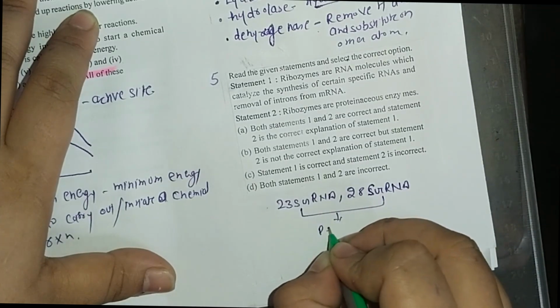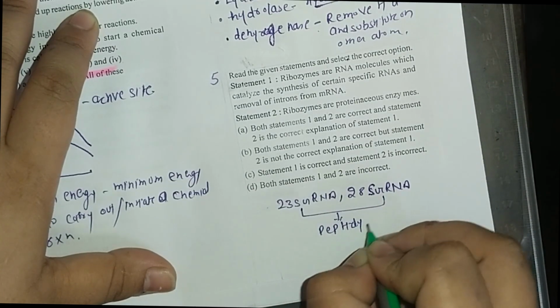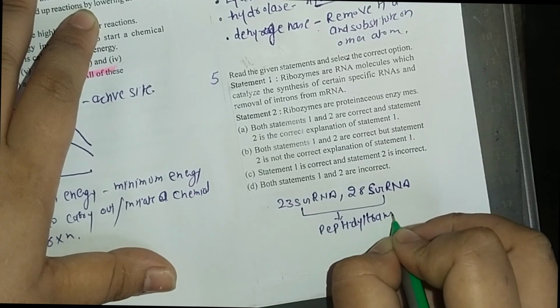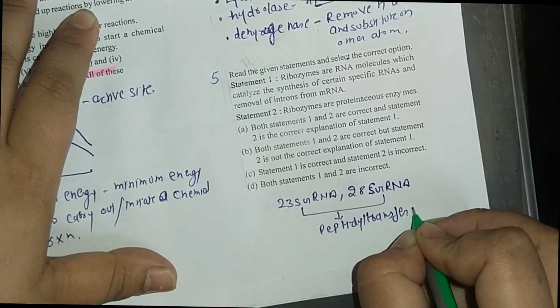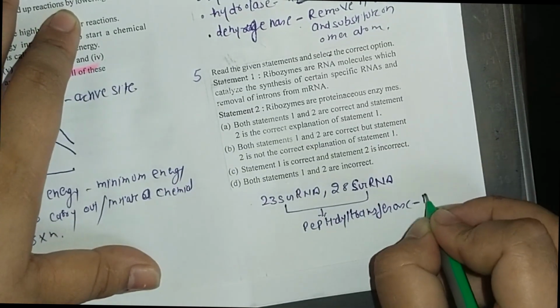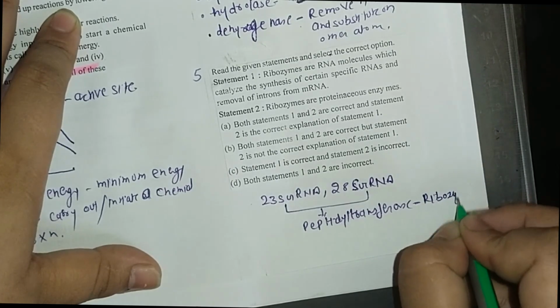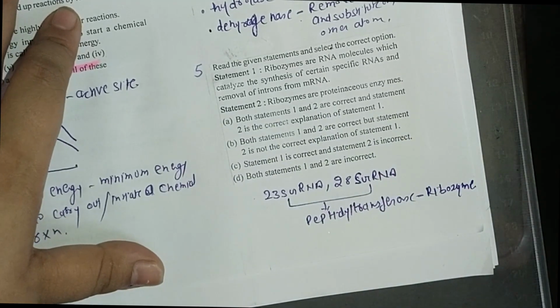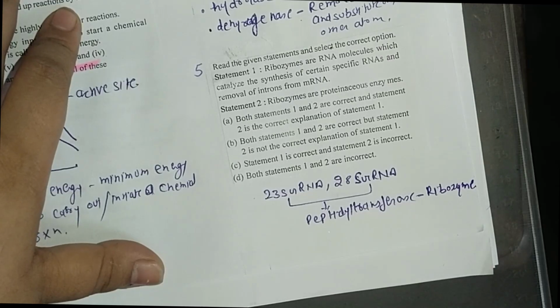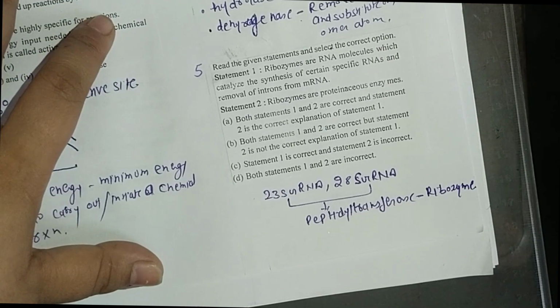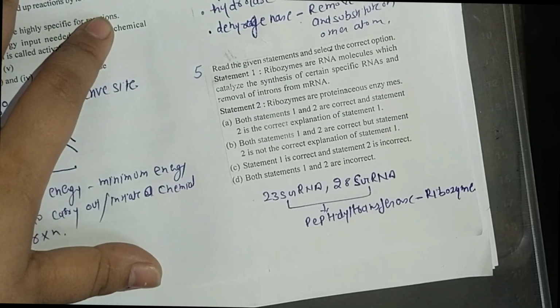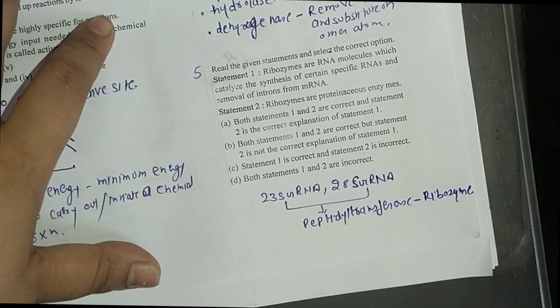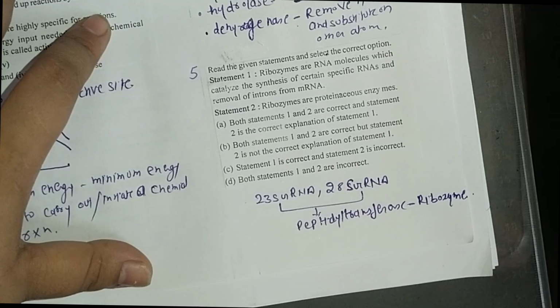These are peptidyl transferases, and all of these are ribozymes. These ribozymes are RNA particles responsible for catalyzing a chemical reaction, but they are not proteins.